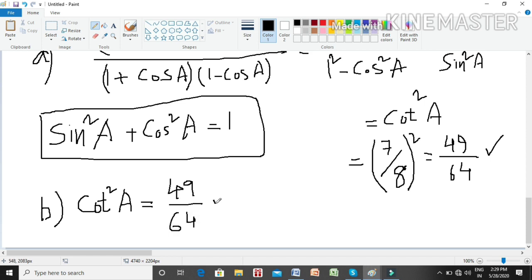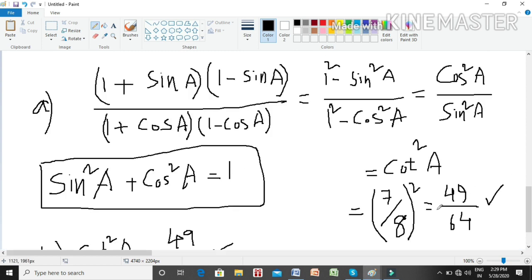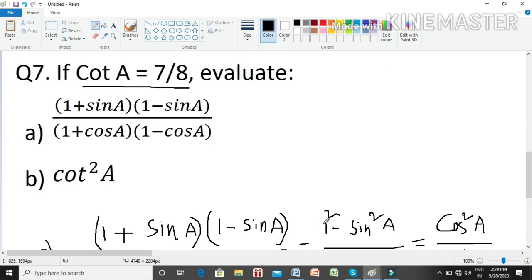This is part B. That is the end of question number 7. I hope you have clearly understood this. Now let us go to question number 8.